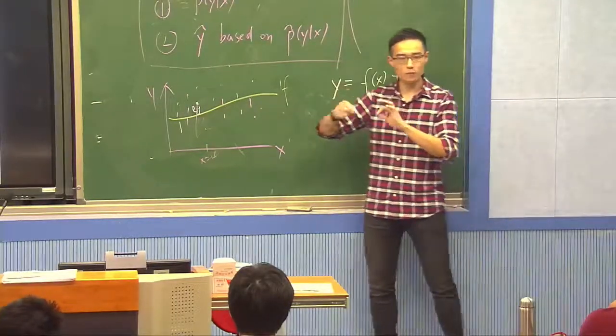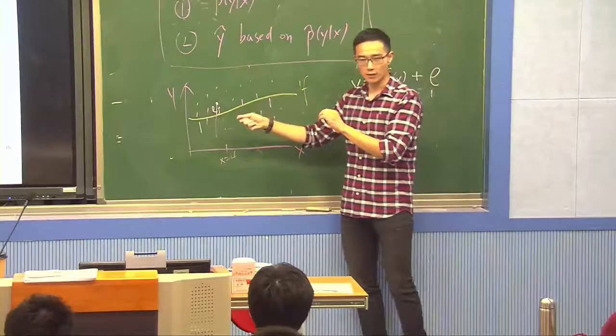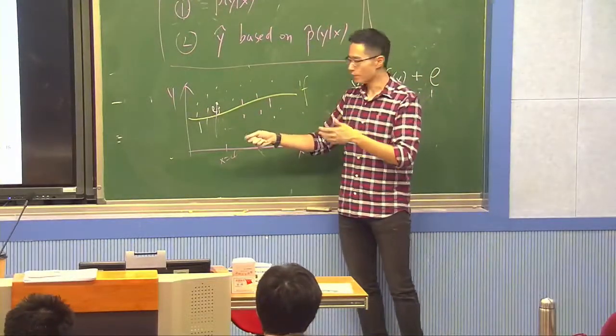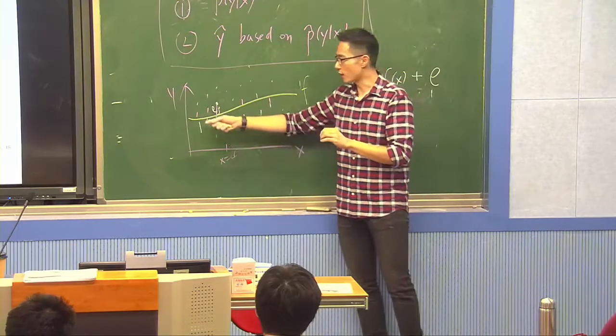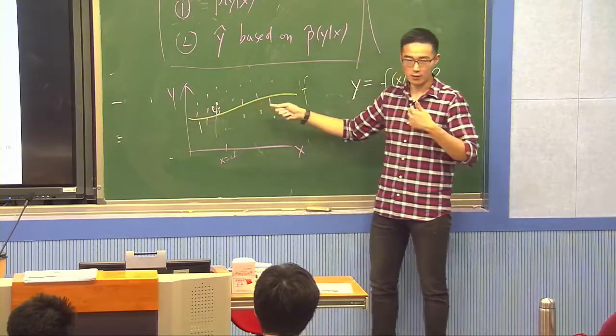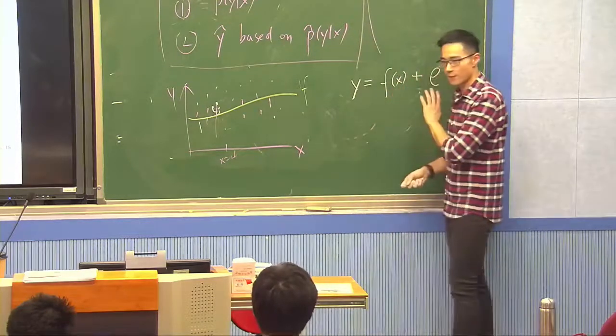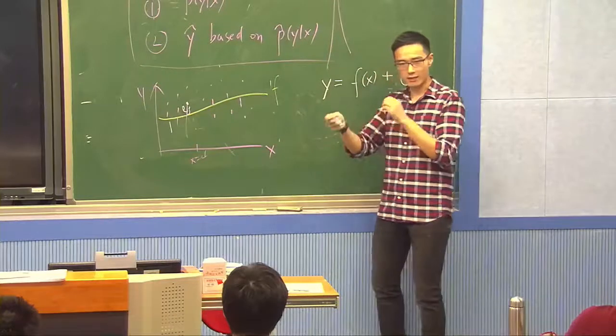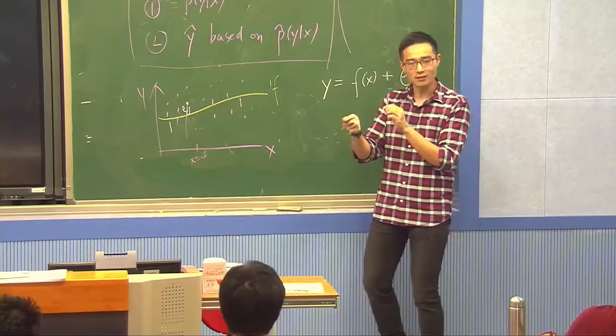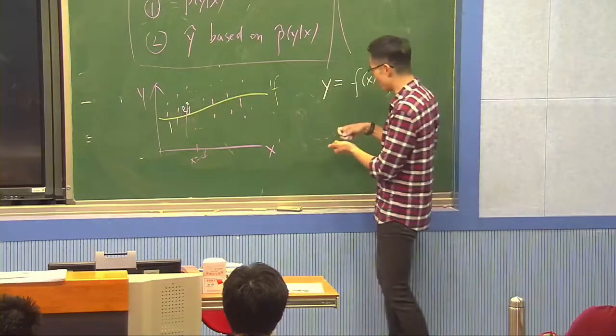There's no true mechanism that links x to y in the sense of a function f, because here y is not determined by x at all. But we are just trying to find a function ourselves, a function f that helps us best predict y. That's the key difference between the two. It looks very similar, but actually it's not the same.